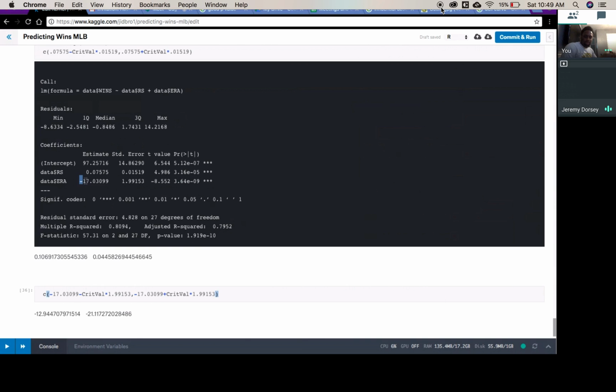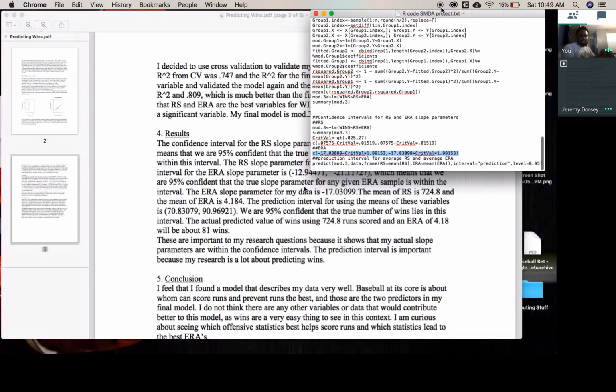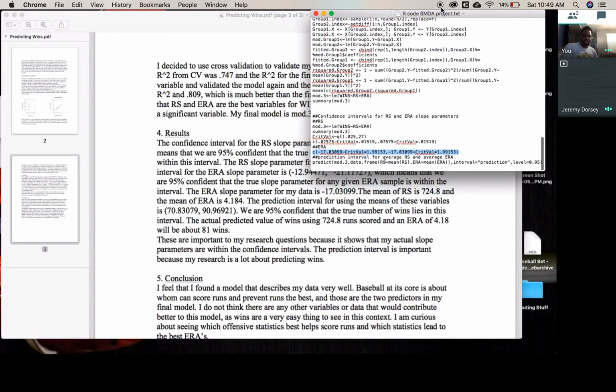And then we can see that our estimate lies within that. And the same thing goes when other people run future projects, you would hope that the slope parameter for ERA falls within this interval as well. Very good. And that is for the confidence intervals.